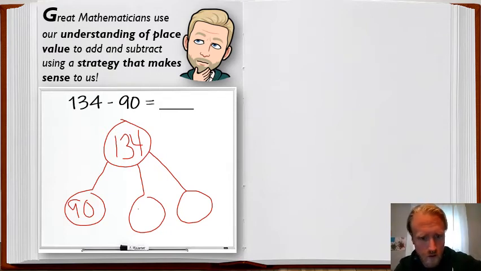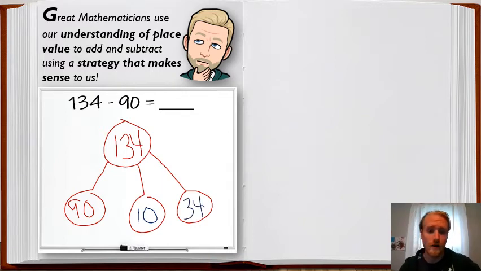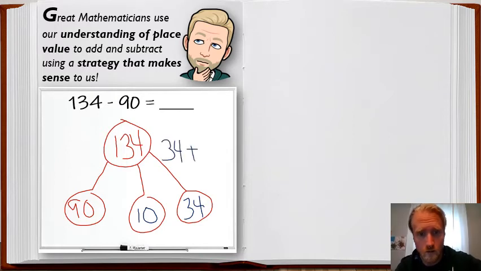I know 90 plus 10 equals 100. So then that leaves me with just 34 left, because 134 equals 134. So then I can just do some quick addition. What's 34 plus 10?